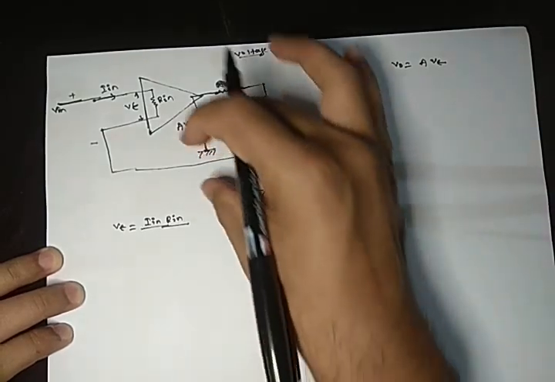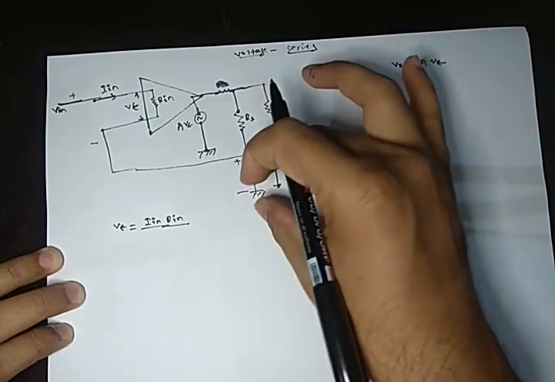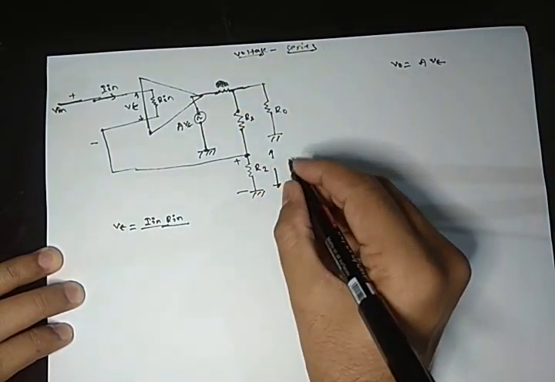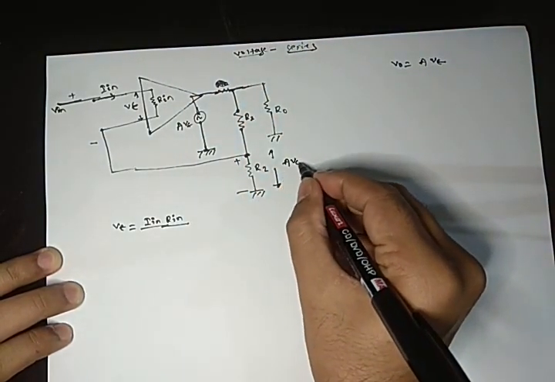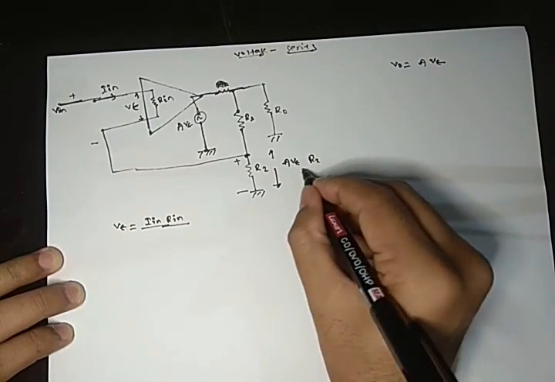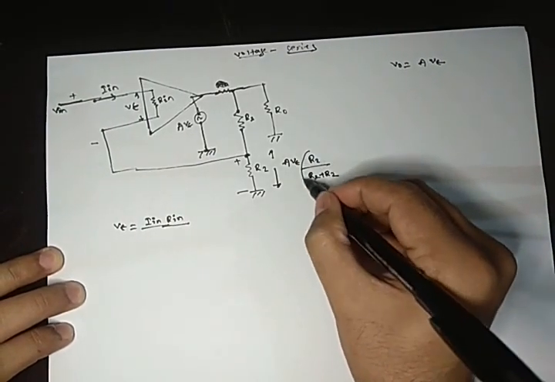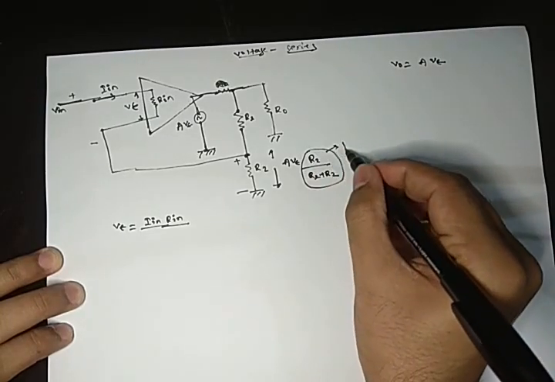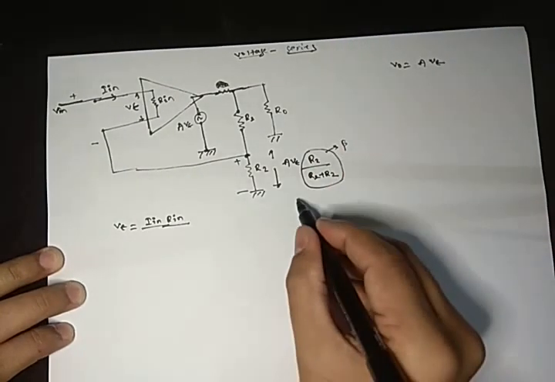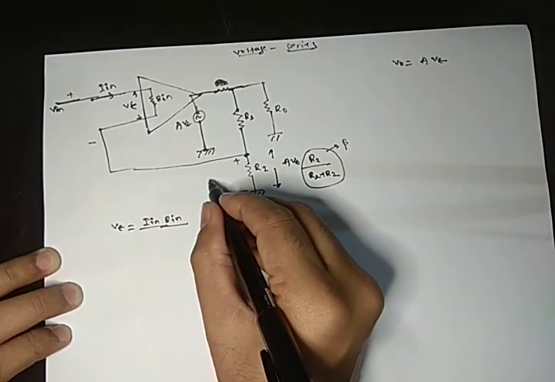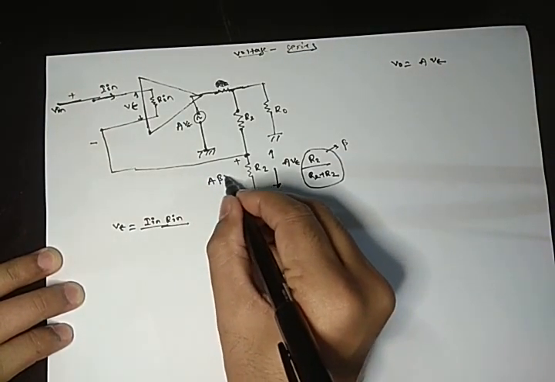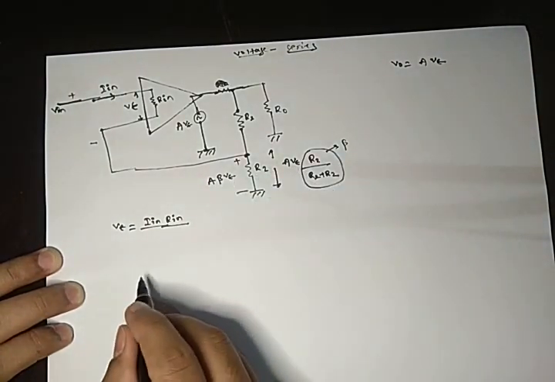This is nothing but total voltage across this one into R2 by R1 plus R2. A B epsilon into R2 by R1 plus R2. Now treat this value as a beta. Now it became A into beta into B epsilon.